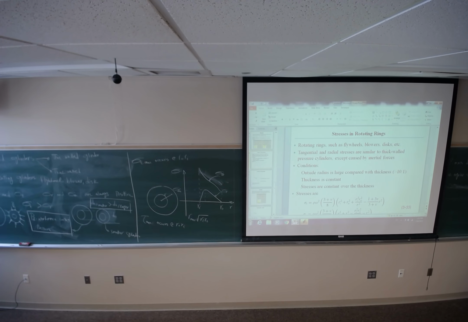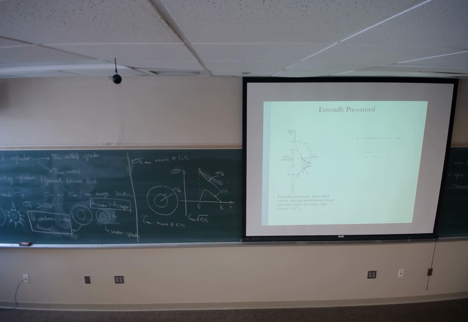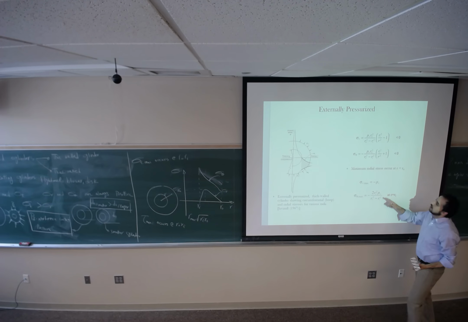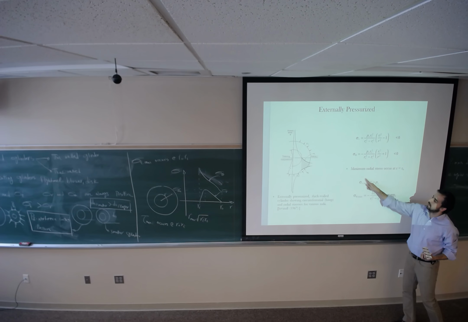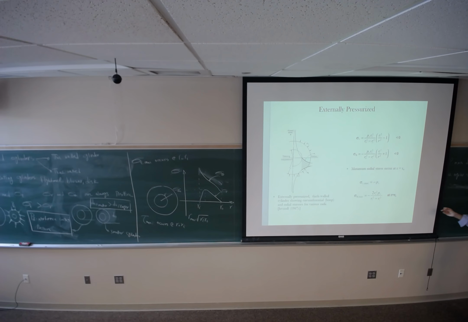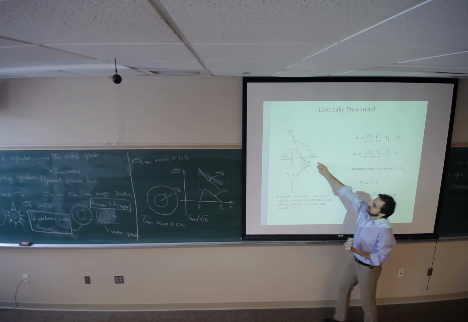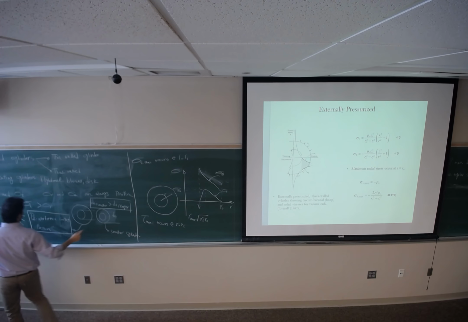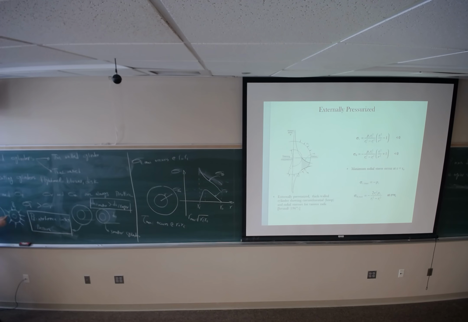For an externally pressurized cylinder, the cylinder is under external pressure of PO. What would be the maximum radial stress? It's going to be negative PO, and it occurs at the outer radius. So at the outer radius of the smaller component, the radial stress is negative PF.